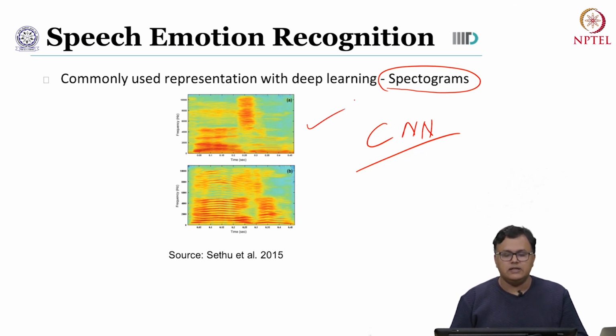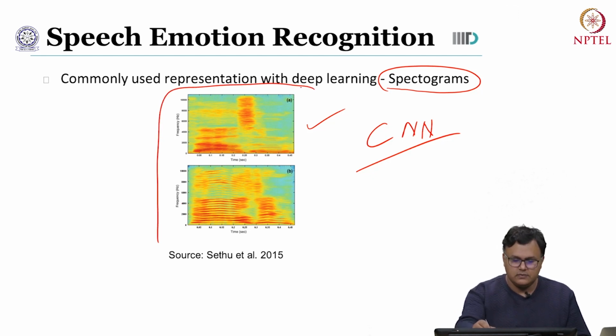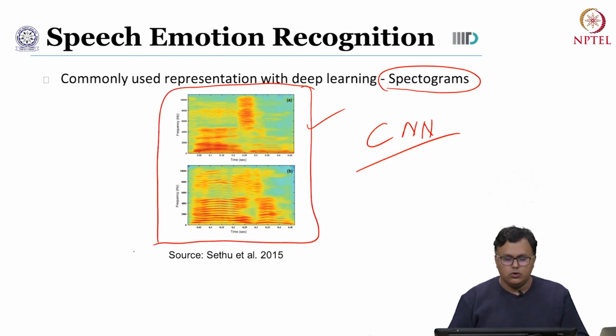You can see frequency against time, and it also gives you the amplitude. What you see here, friends, are two spectrograms from the same subject. Spectrogram 1 is when the speech was neutral, and spectrogram 2 is when the speech was angry. You can very well see the differences in these two visualizations.